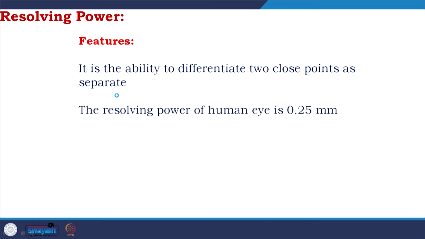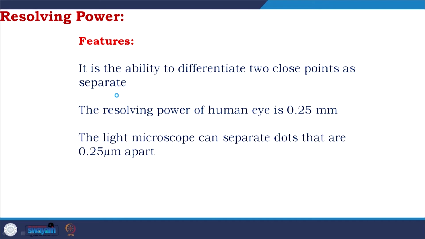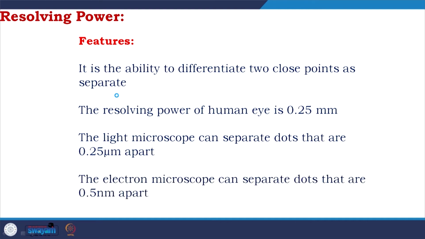The resolving power of the human eye is 0.25 millimeter. The light microscope can separate dots that are 0.25 micrometer apart. The electron microscope can separate dots that are 0.5 nanometer apart.